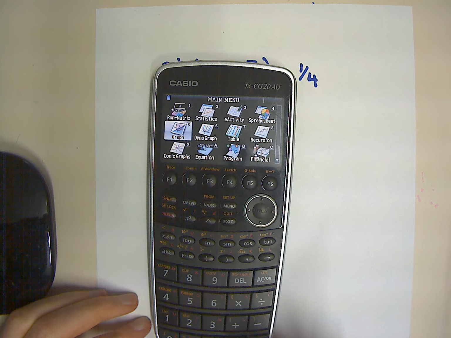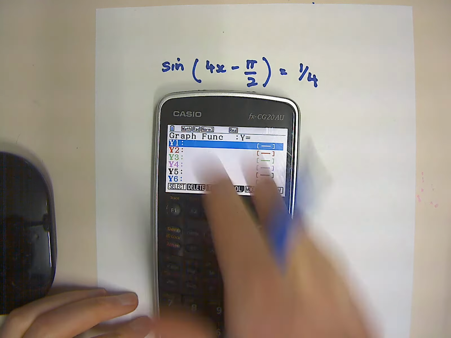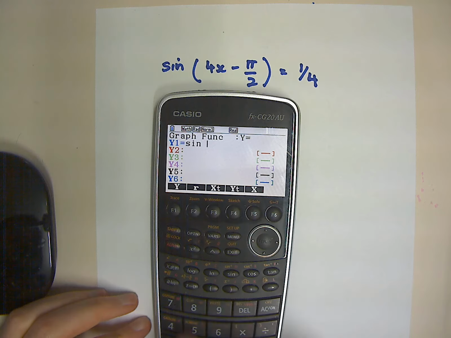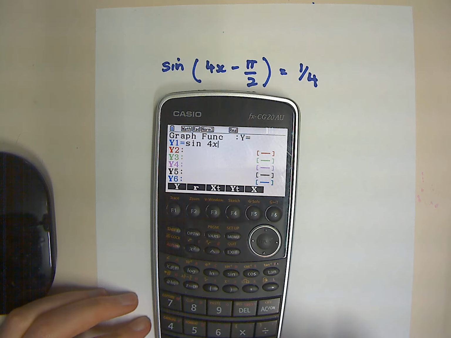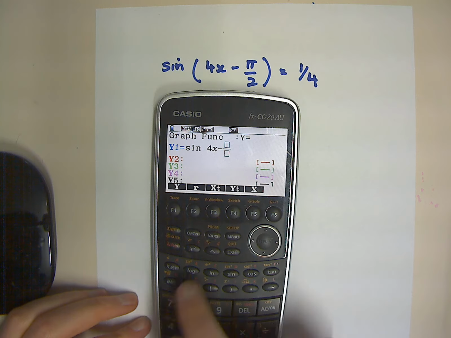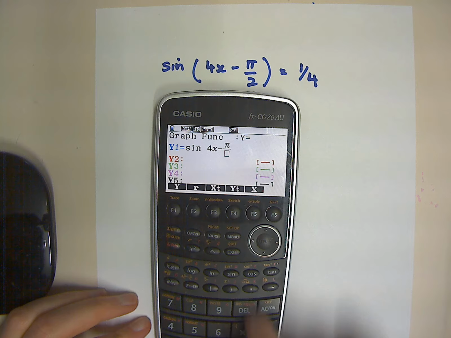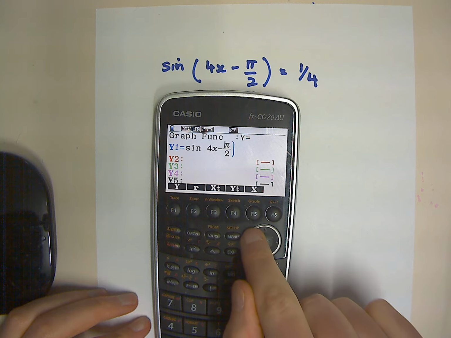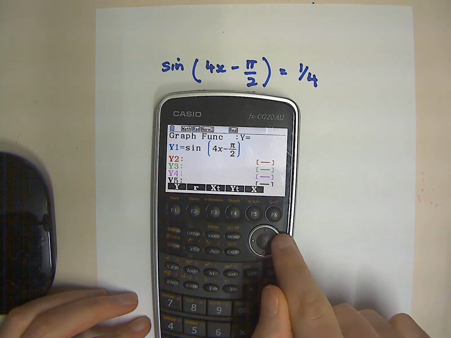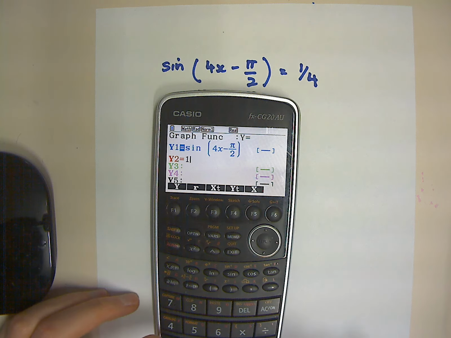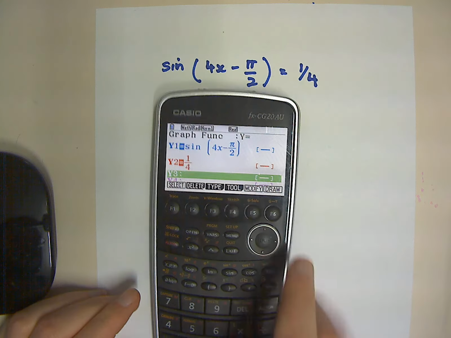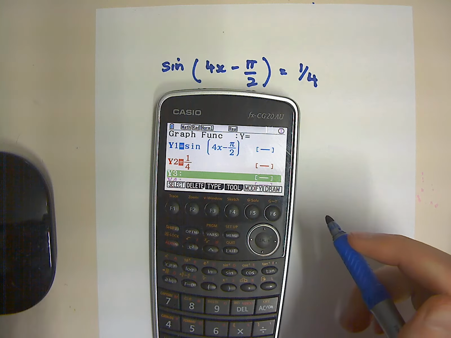So if you go to graph it, you graph your left-hand side, sine of 4x take π/2, that's going to need to be in brackets. And then let's do 1 divided by 4, so a quarter on the right side. Let's draw it.